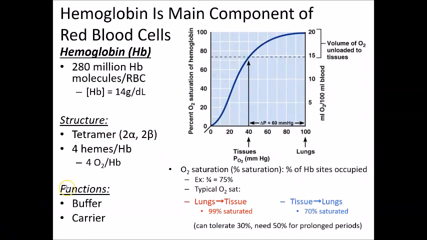Now, the ability of hemoglobin to carry oxygen is very important from a number of different standpoints. This is called the oxyhemoglobin curve, and we're not going to talk about it really. But basically what it shows is how much oxygen we can carry in our blood. But what I'm really interested in here is the idea of percent saturation.